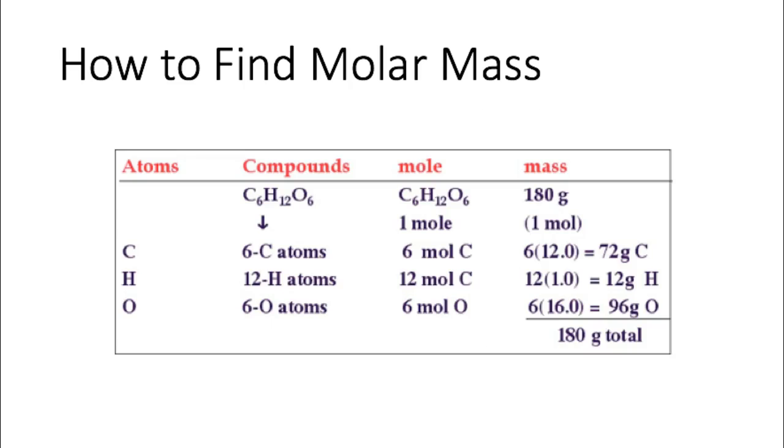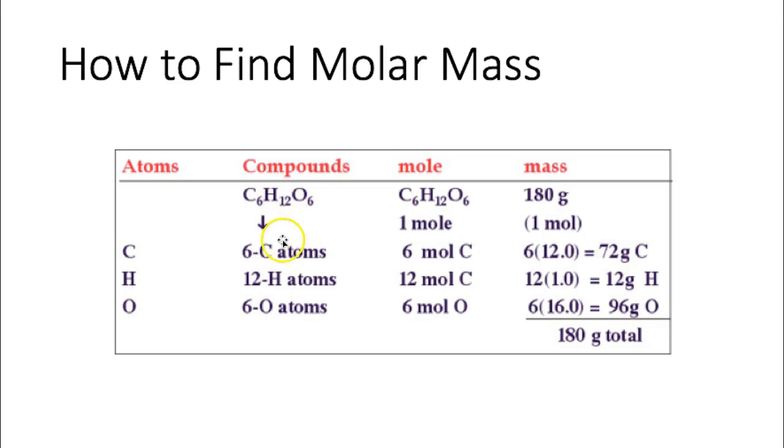Here's another example. Glucose is C6H12O6, so my formula tells me that I have 6 atoms of carbon, 12 atoms of hydrogen, and 6 atoms of oxygen. I multiply my 6 atoms of carbon by the mass of each carbon, 12.0, and get a total mass for carbon of 72 grams.